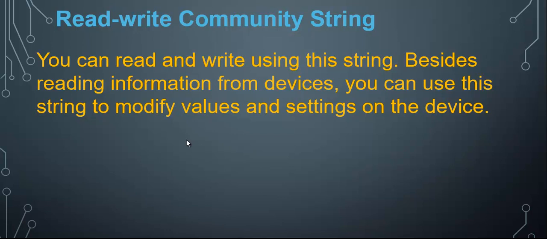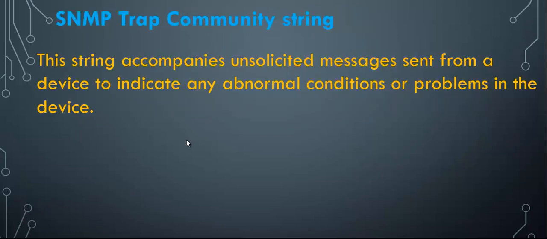Besides reading information from the devices, you can use this string to modify values and settings on the device. Third one is the SNMP trap community string. The string accompanies unsolicited messages sent from a device to indicate any abnormal condition or problem in the device.